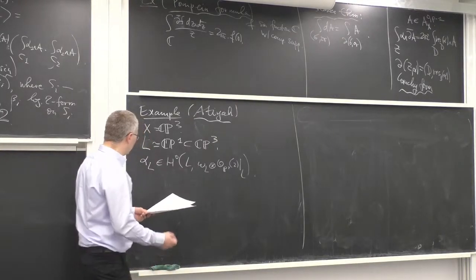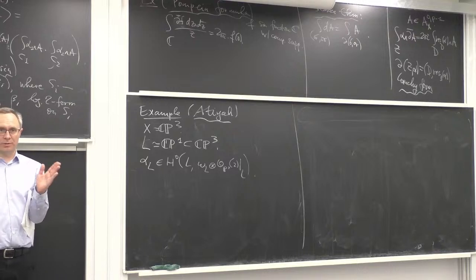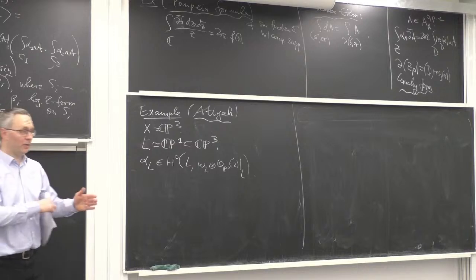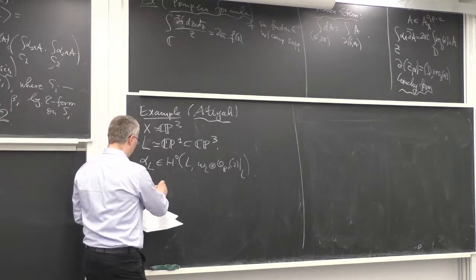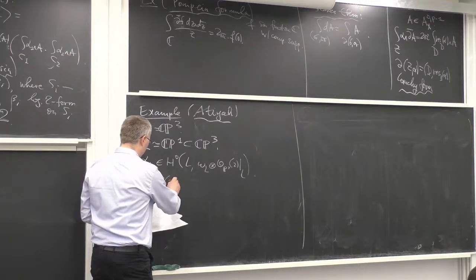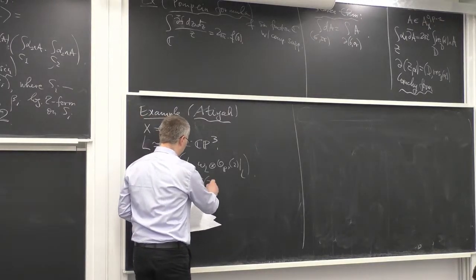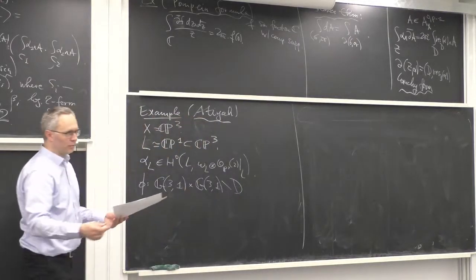So then, given two lines in P3, I get some function, more precisely a section of some bundle. So I get some holomorphic function phi on the Grassmannian of lines in P3 times the Grassmannian of lines in P3, without the divisor T, where T parameterizes pairs of intersecting lines.